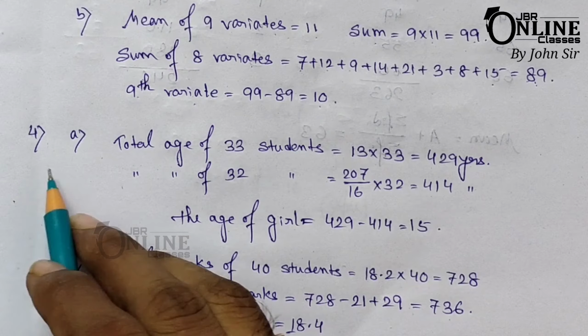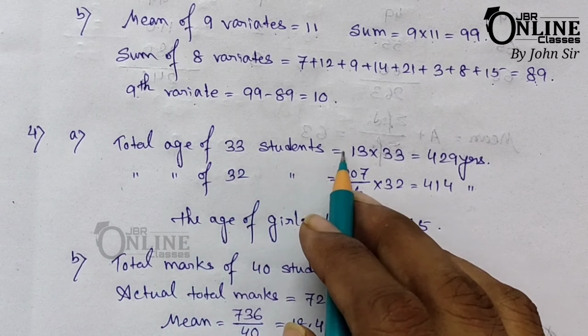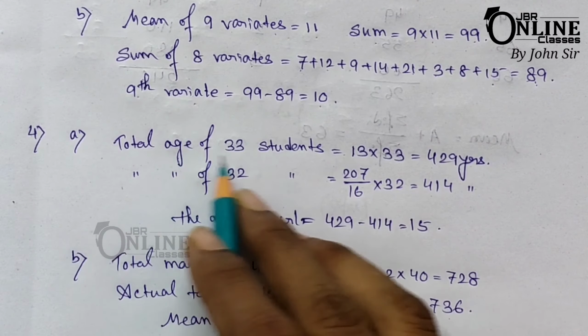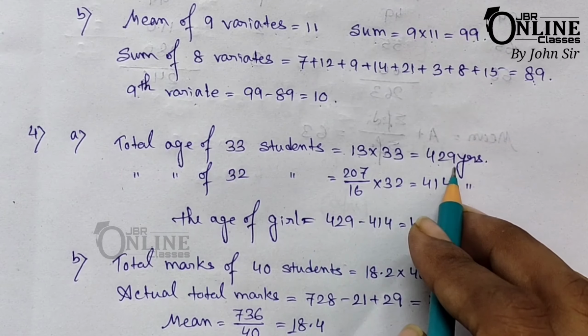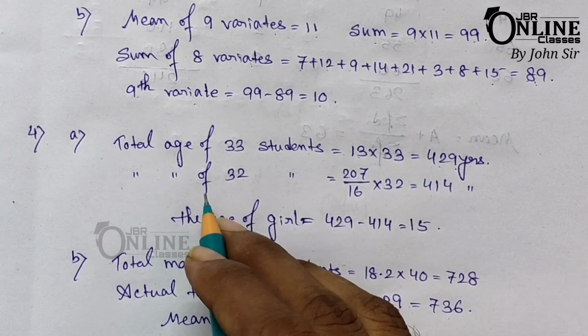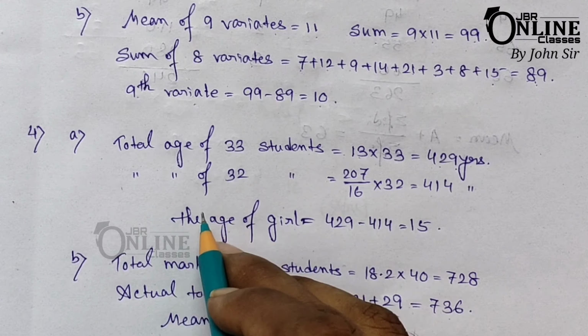Now sum number 4. The mean age of 33 students that equal to 13. So sum or total age of 33 students that equal to 13 into 33 and that equal to 429. Now next thing, if one girl leaves the class, the mean becomes 12 whole 15 by 16.